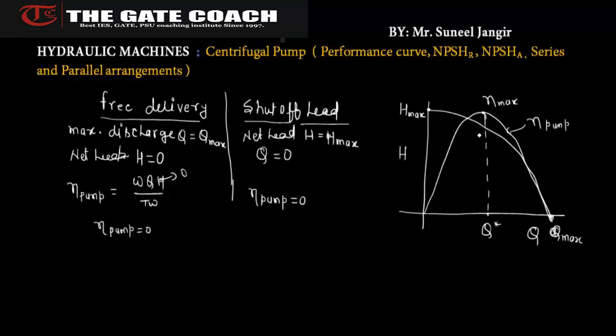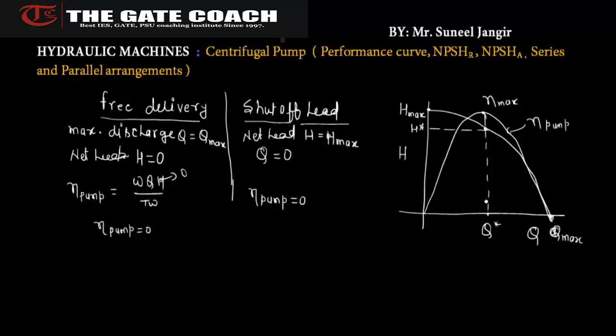This point we are defining as H star. These H star and Q star are the operating points at the maximum efficiency, and these H star and Q star are defined as the best efficiency point.